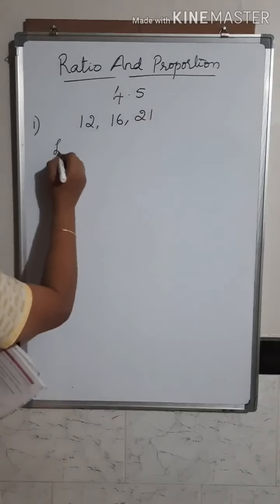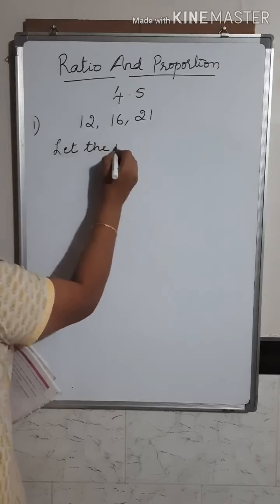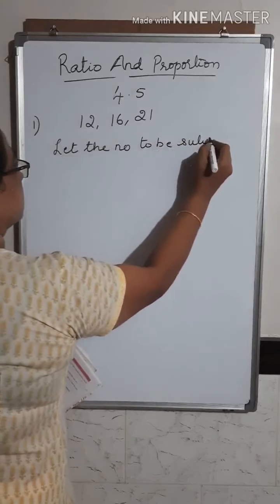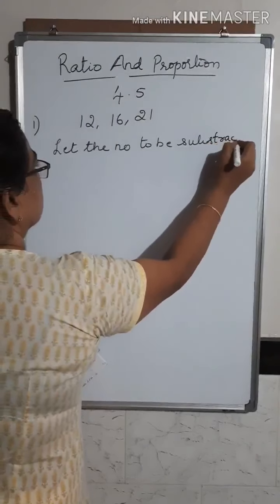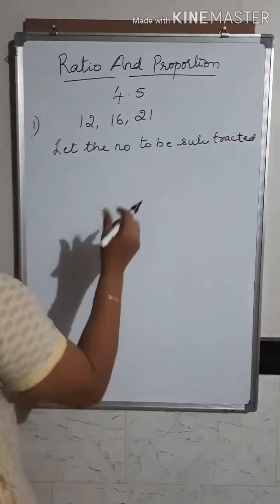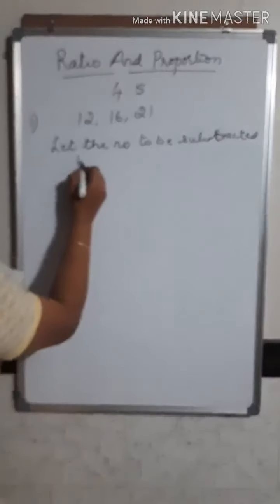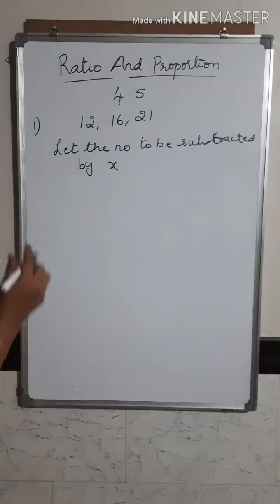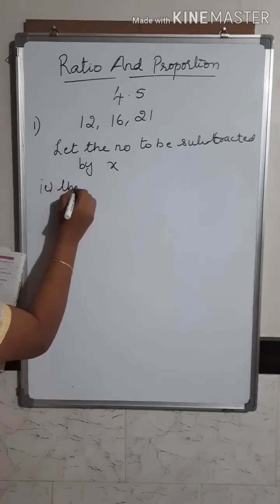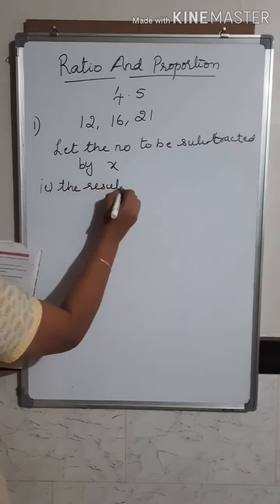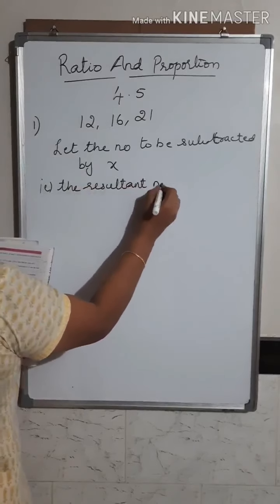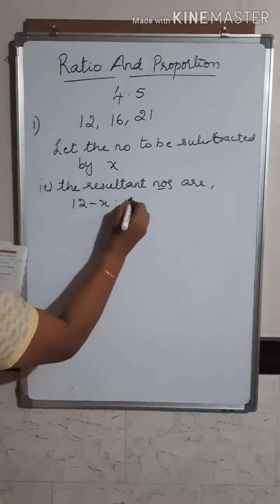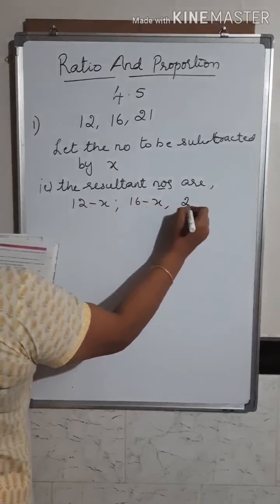Let the number to be subtracted be x. Then the resultant numbers are 12 minus x, 16 minus x, 21 minus x.